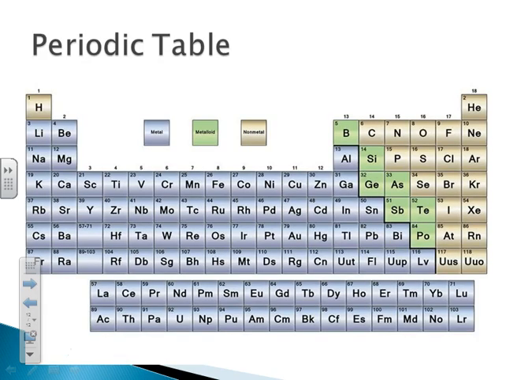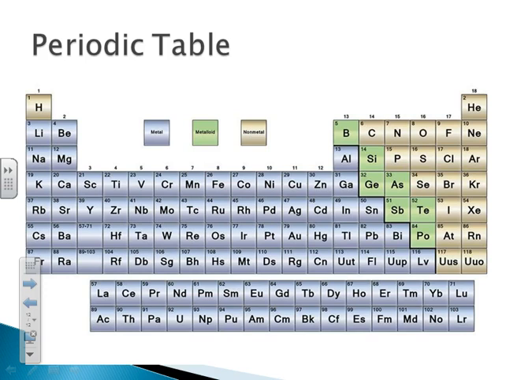Okay, so the last slide is more of an activity. I gave you a periodic table when you came in, and what we're going to do is color code our periodic table based on metals, metalloids, and nonmetals. The first thing you need to do is create a key on your periodic table.